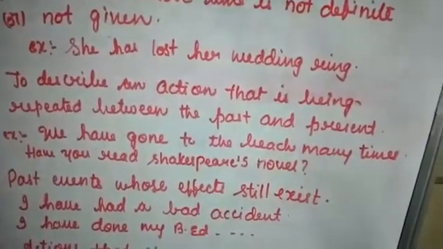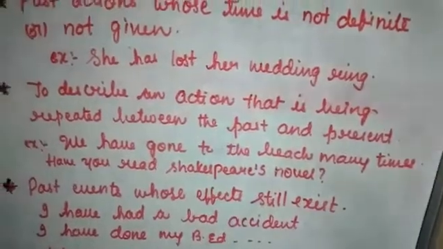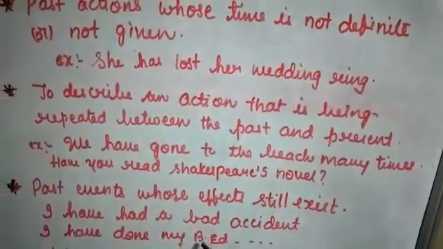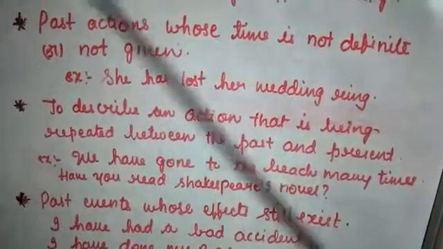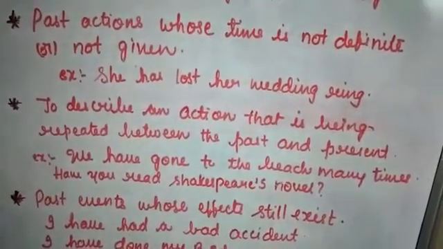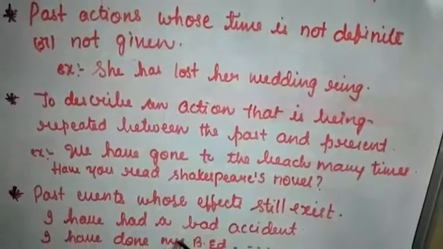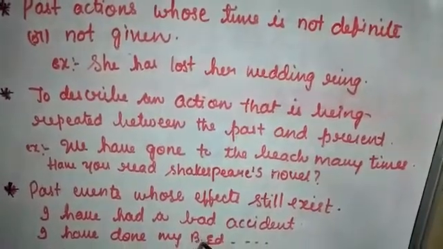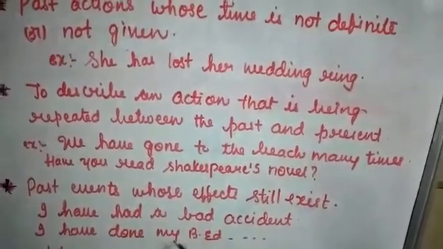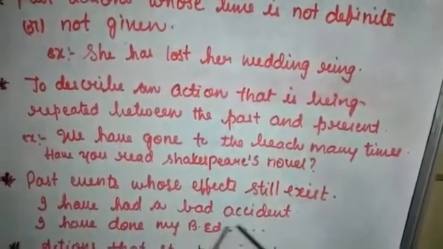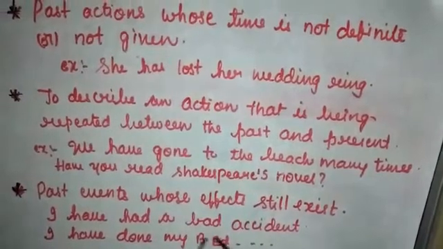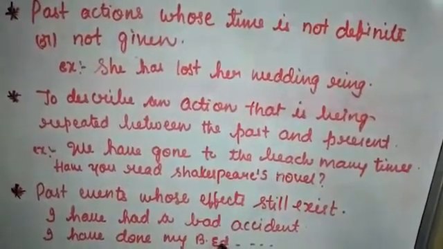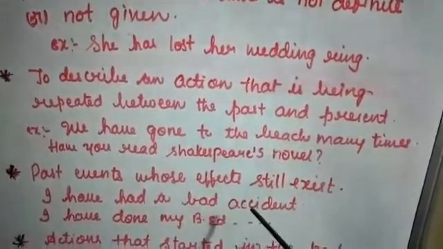I have done my B.Ed. It is a past action. Already I have done it. But why should we write in present perfect tense? I did. Why can't we use that? Because the effect of the B.Ed exists now. So I have done my B.Ed so that I can apply for any job. That is the result. That is the effect of that past action. So it should be in present perfect tense.